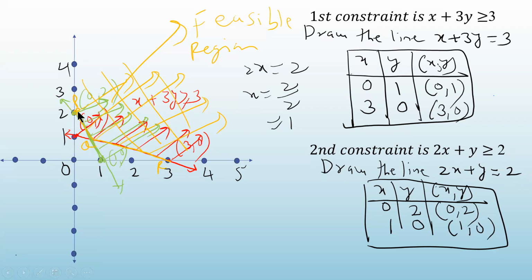Now, what are the coordinates of P? It is (0, 2). What are the coordinates of R? It is (3, 0). But what is the coordinate of Q? Q is the point which is on this line as well as on this line. If you have a proper graph paper, you can see the point Q has coordinates 0.6 and 0.8.